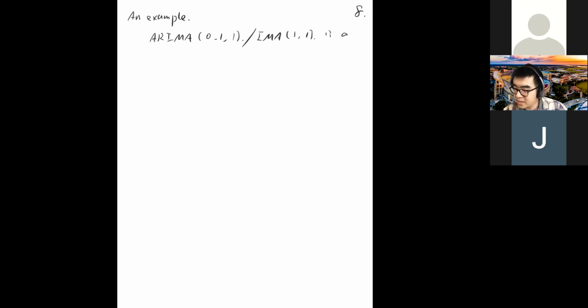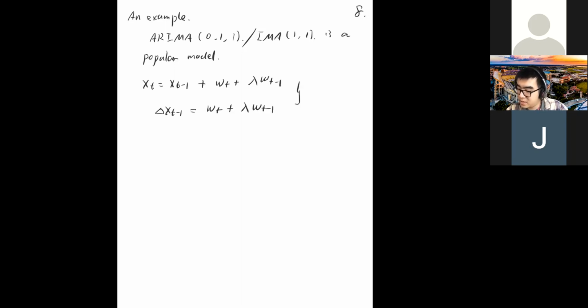This is actually a very popular model. The model is written as x_t equals x_{t-1} plus w_t minus lambda w_{t-1}. If you reorder, it's just x_t minus x_{t-1} equals w_t minus lambda w_{t-1}.